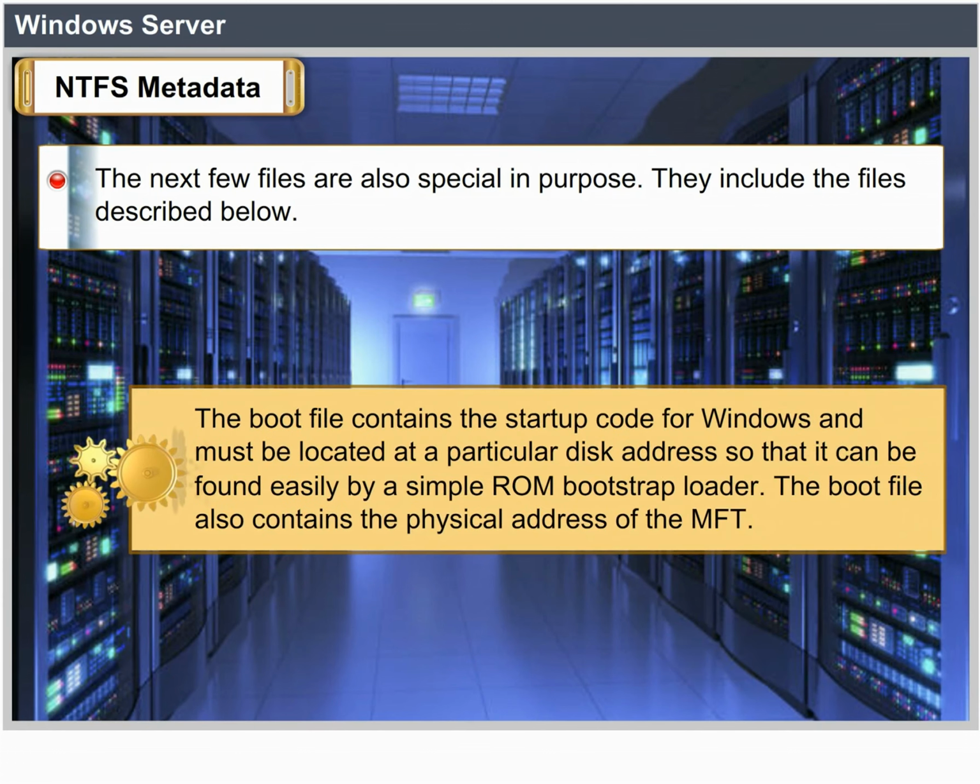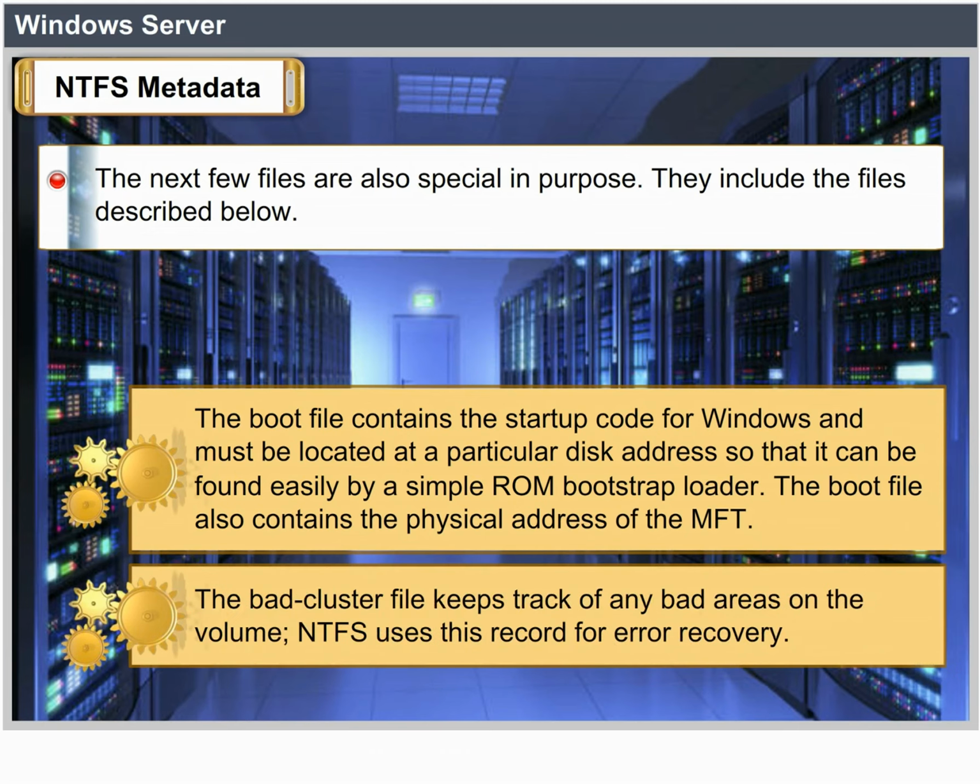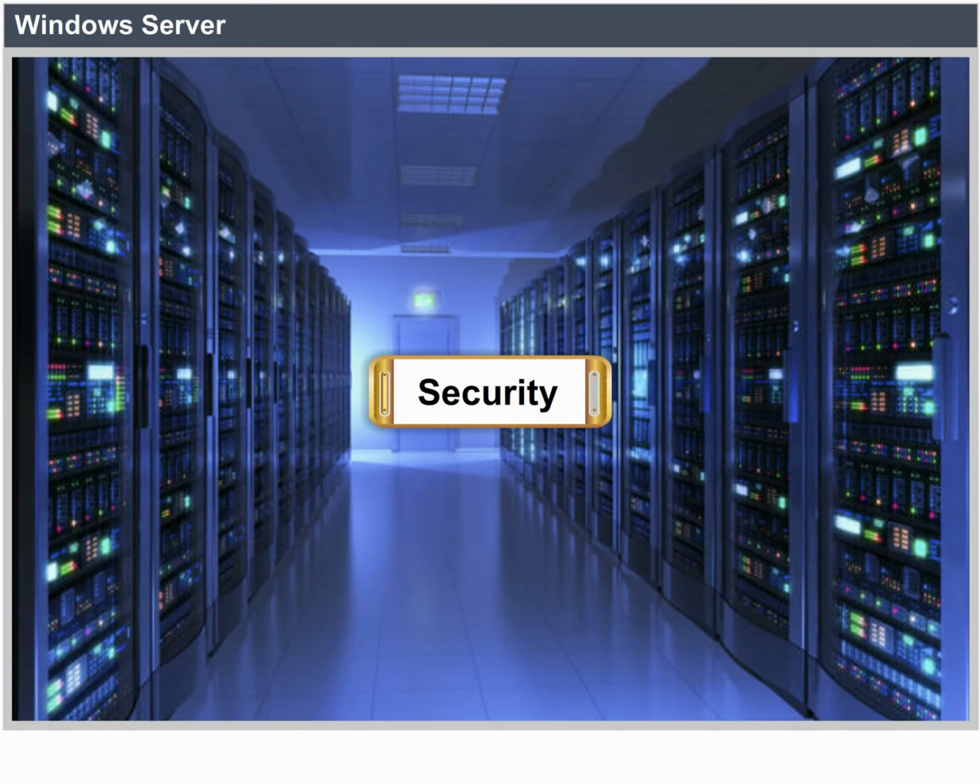The boot file contains the startup code for Windows and must be located at a particular disk address so that it can be found easily by a simple ROM bootstrap loader. The boot file also contains the physical address of the MFT. The bad cluster file keeps track of any bad areas on the volume. NTFS uses this record for error recovery. Security.